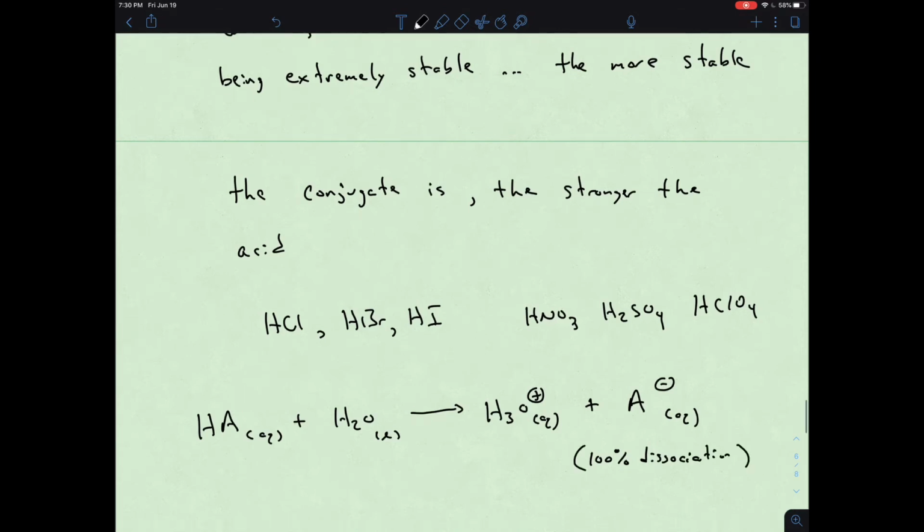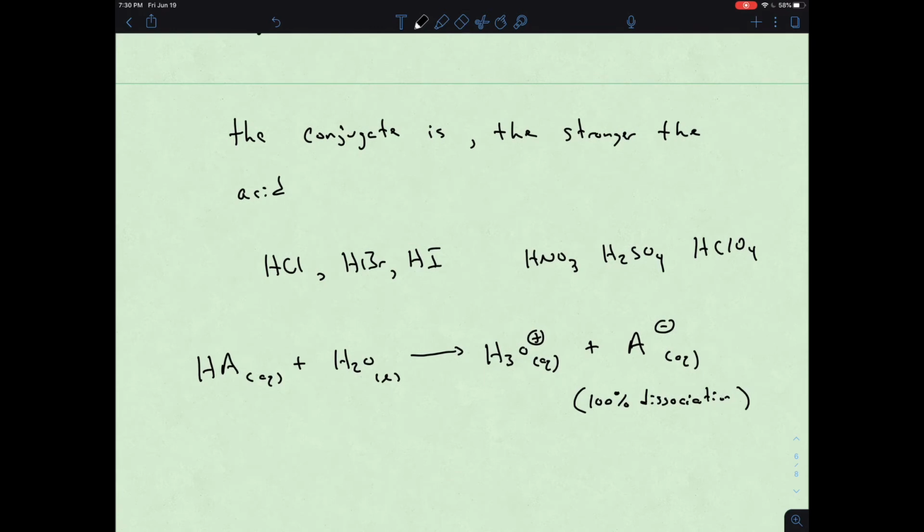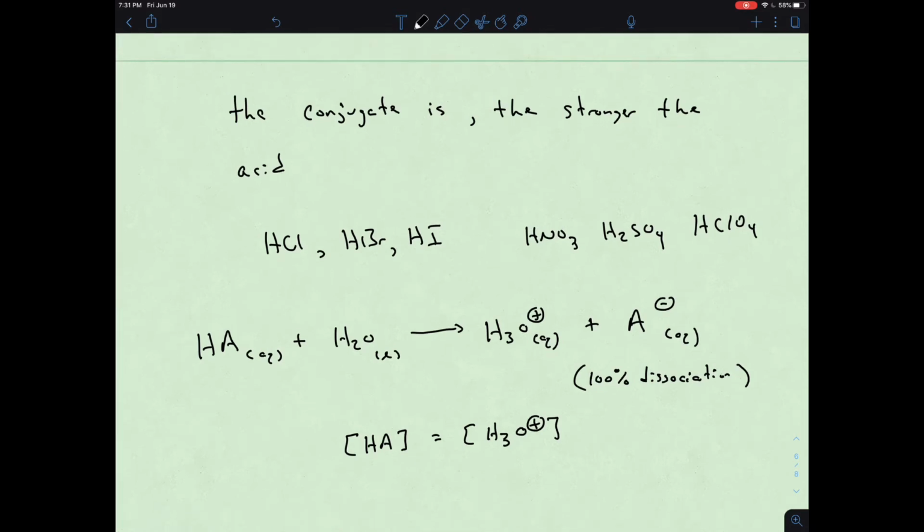So basically that means that if you know the concentration of HA, that's equal to the concentration of H3O+, because of that idea of 100% dissociation.